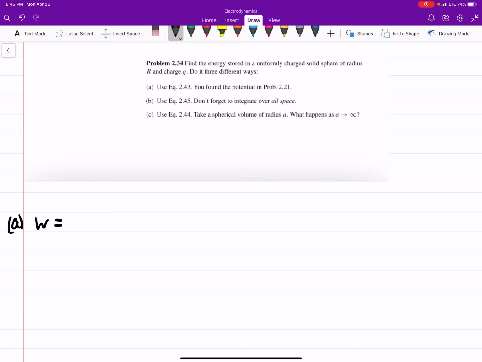Now, the equation we're going to use for A is our energy is going to be 1/2 the integral of rho times your potential times d tau. So, if you have the potential, you can find this. It mentions problem 2.21, which I believe I did a video on.